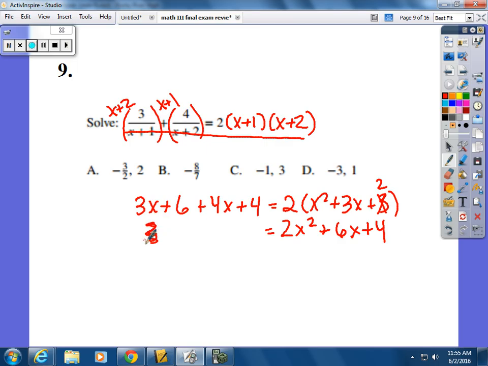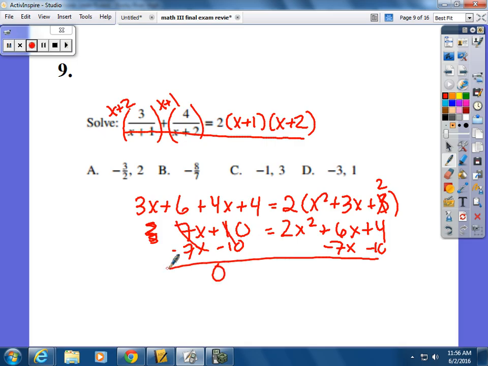And so now I can combine like terms on this side. I have 7x plus 10. And I need to get everything on one side. So I'm going to subtract 7x from this and subtract 10 from this. And I have 0 on this side now. These cross out. And this is going to be 2x squared minus x minus 6. So I need to solve that. Factor that.